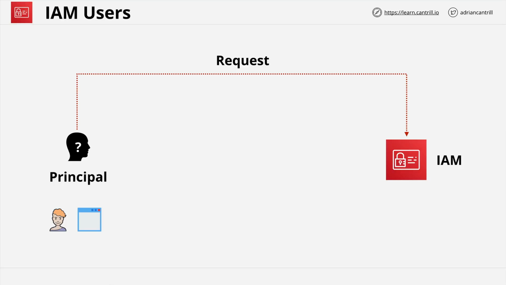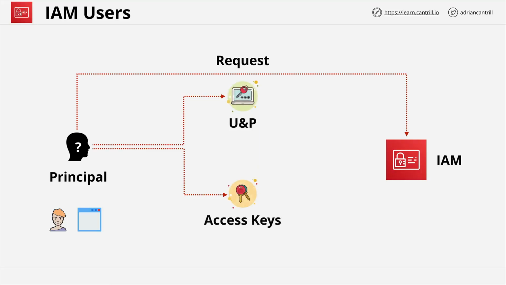Authentication is a process where the principal on the left proves to IAM that it is an identity that it claims to be. So an example of this is that the principal on the left might claim to be Sally, and before it can use AWS, it needs to prove that it is indeed Sally, and it does this by authenticating.